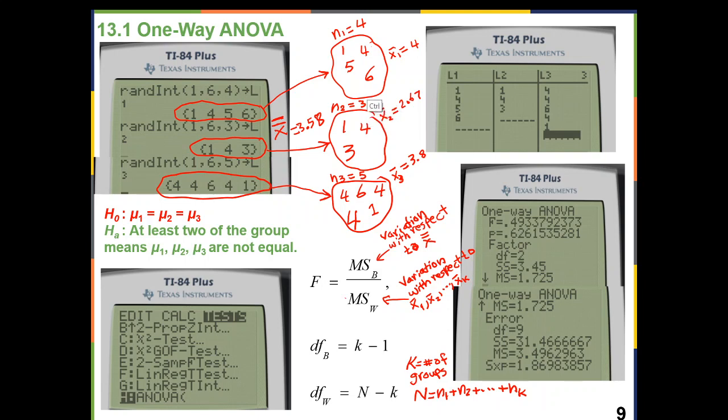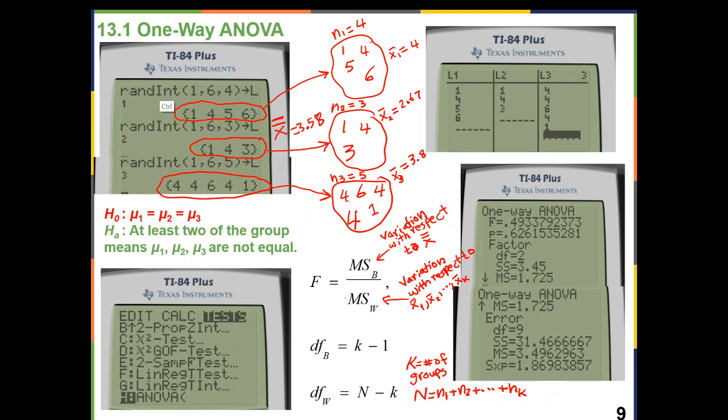All right. Now, the question we want to answer is, are all these mu's of the populations that they come from the same or different? Here I created this on purpose for them to be from the same population. What's the population they come from?